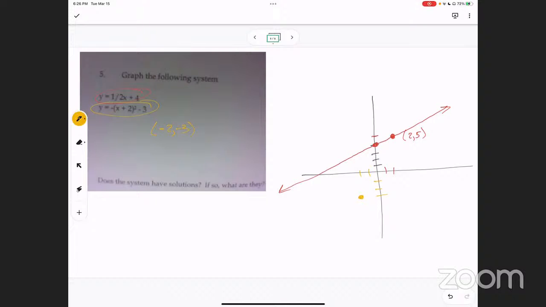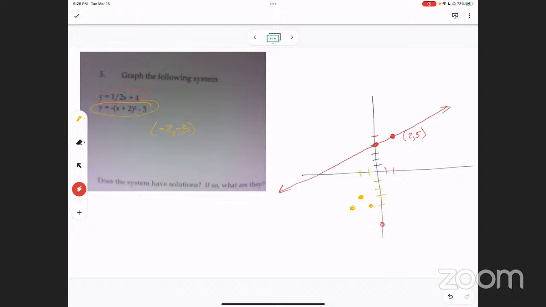So this is actually going to be opening down, right? So instead of going over 1, up 1, you're going over 1, down 1. So wait, if it's a positive A value, it opens up, but if it's a negative A value, it opens down. You got it. Because that's like flipping it, right? It's like multiplying it by a negative. So it goes over 1, down 1, over 2, down 4.